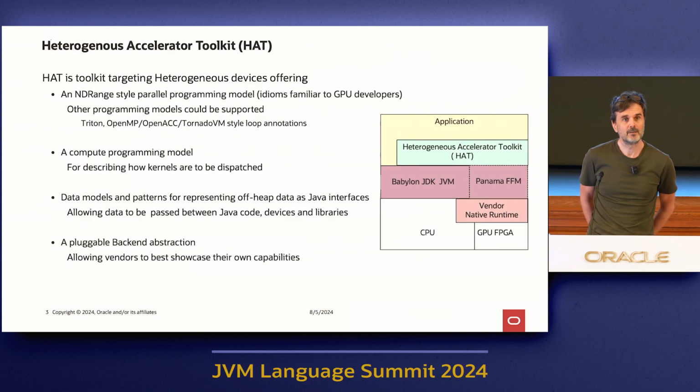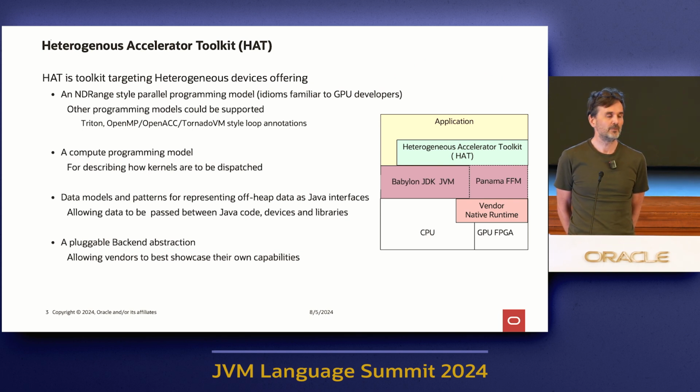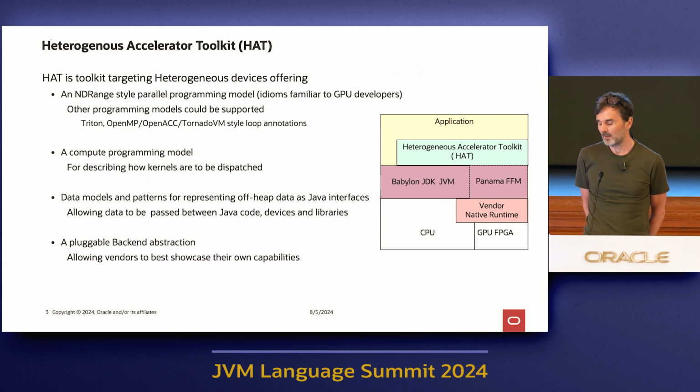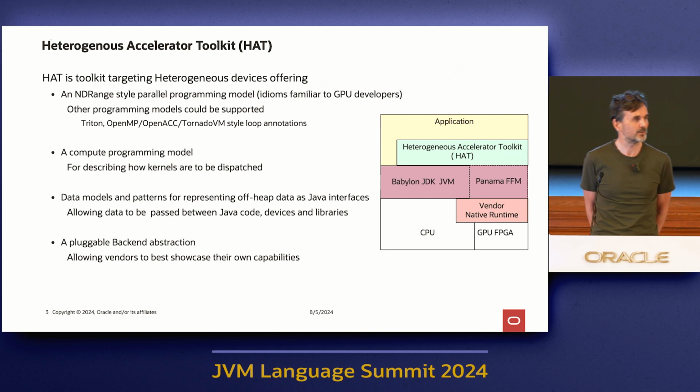So HAT is really four things. It's a kernel-like programming model for writing kernels. We call this an ND range style parallel programming model. If you're familiar with CUDA, you could think of it as a grid-like parallel programming model. And the reason why we're leaning into this is this idiom is very familiar to existing GPU developers.